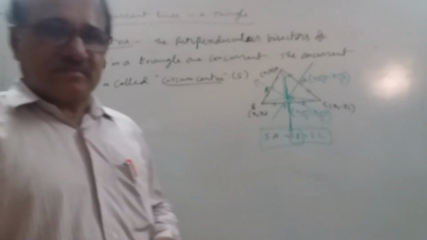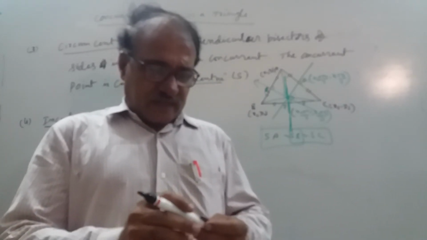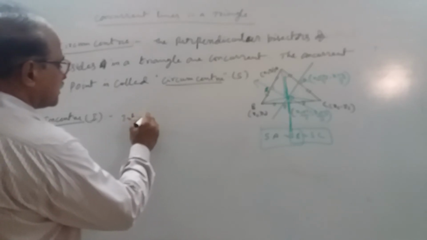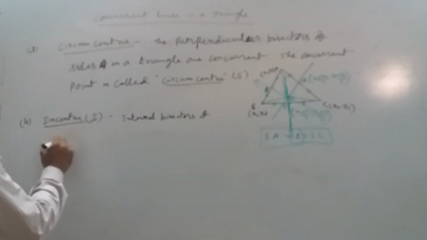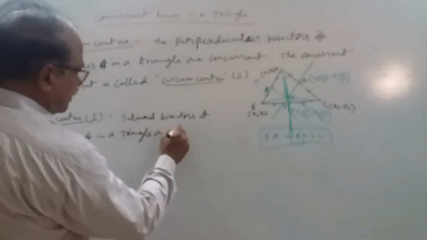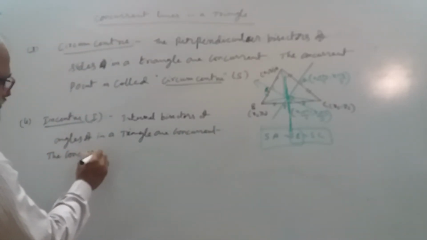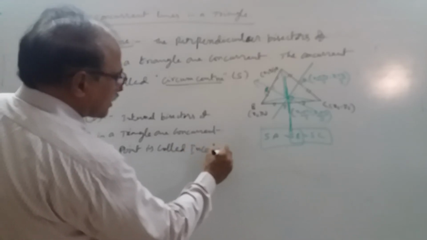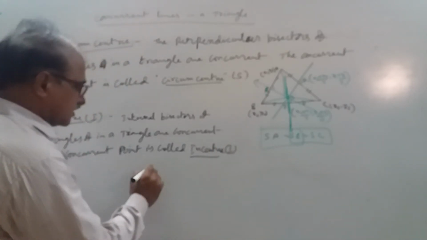In a triangle, the internal bisectors of the angles of a triangle are concurrent. The concurrent point is called the incenter I. This is denoted by I.